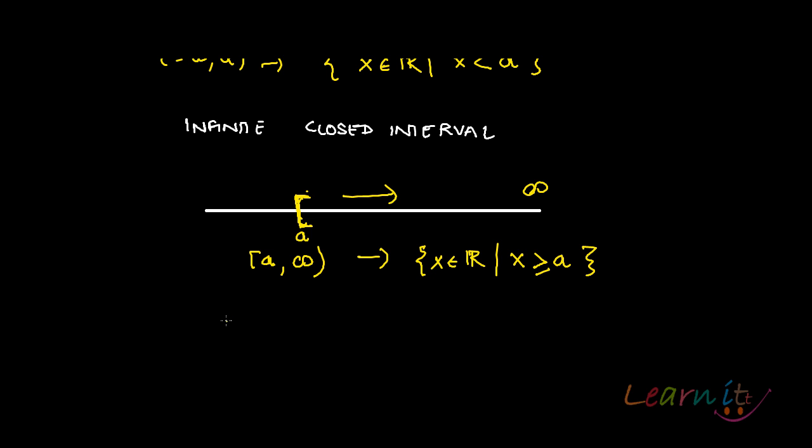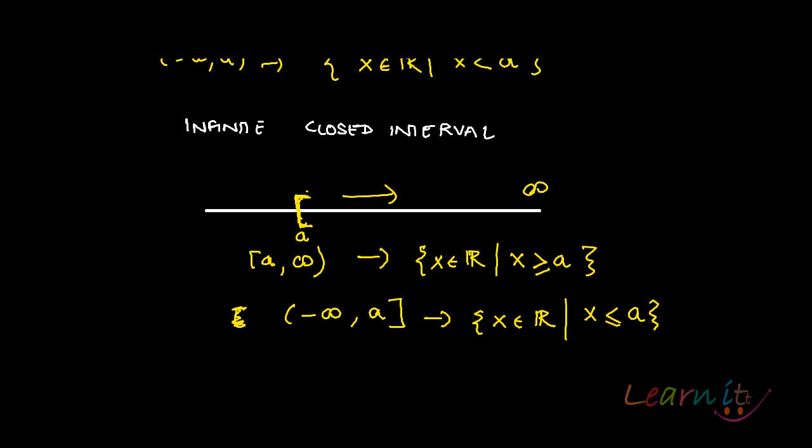And similar to this, at infinity, of course, you have an open end. All the real numbers such that x is less than or equal to A will also be an infinite closed interval.